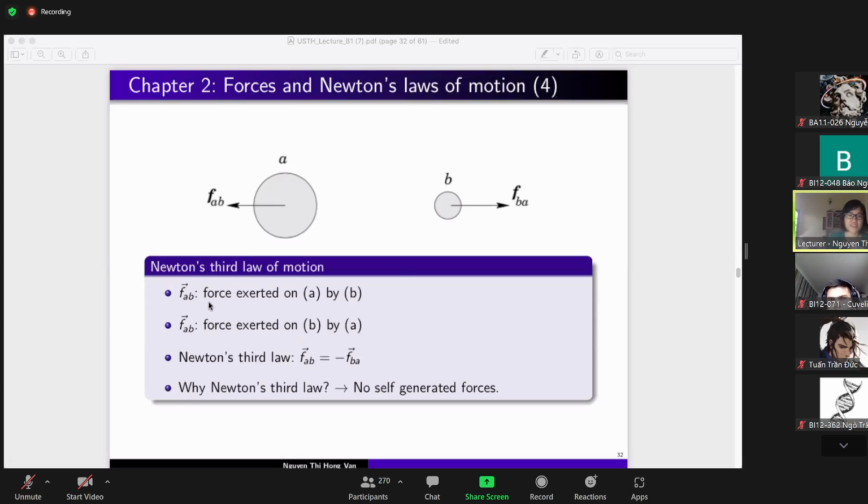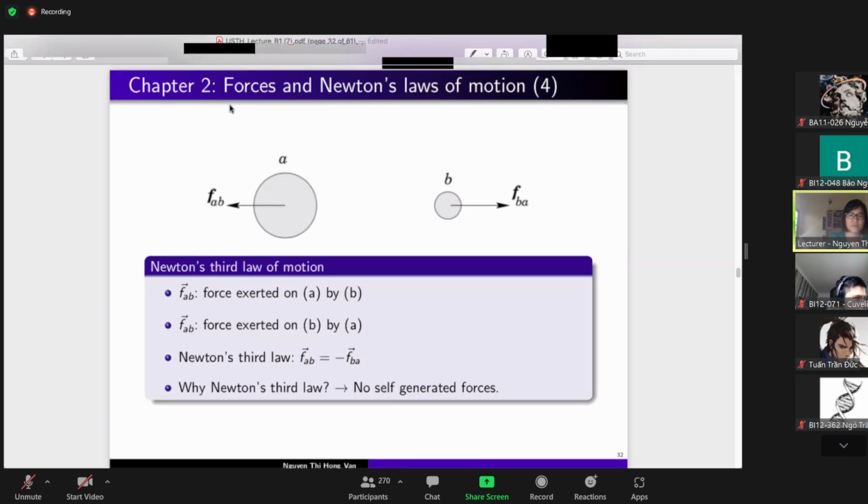When they are hitting, there will be a force exerted on A by B, so B exerts a force F A B. Vice versa, A acts on B with F B A. F B is caused by A and F A is caused by B. Okay, this force acts at A and this force acts at B, and these two forces have the same magnitude.